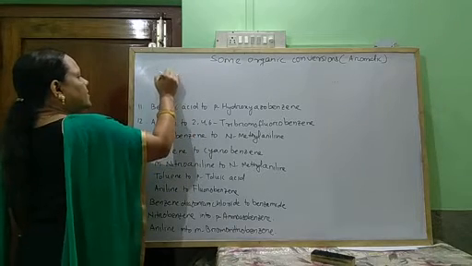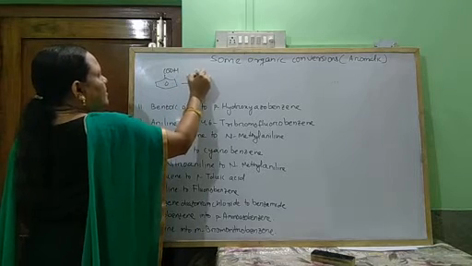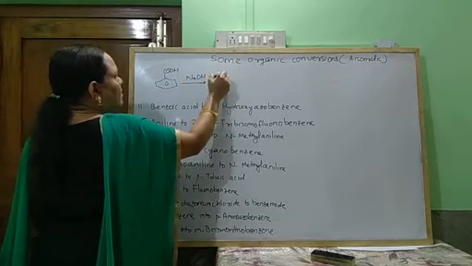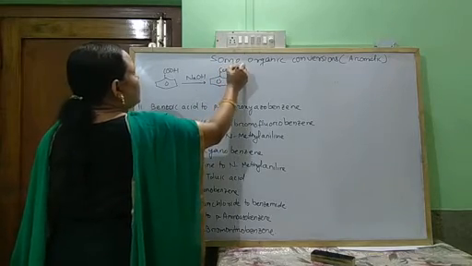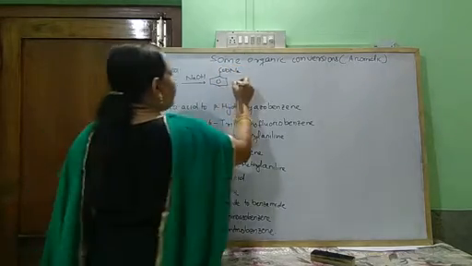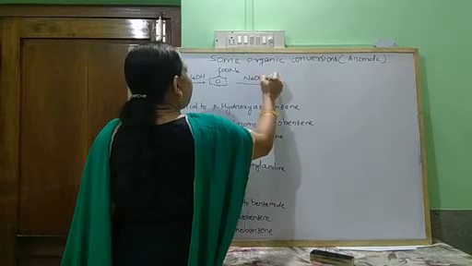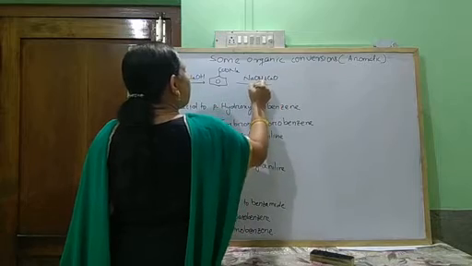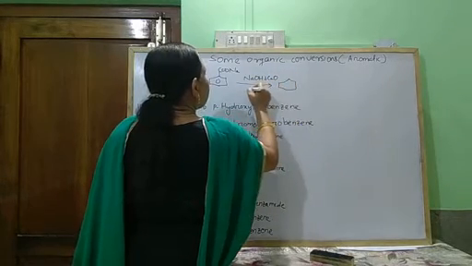So this is benzoic acid, first treated with sodium hydroxide, forms sodium benzoate, heated with soda lime, forms benzene.